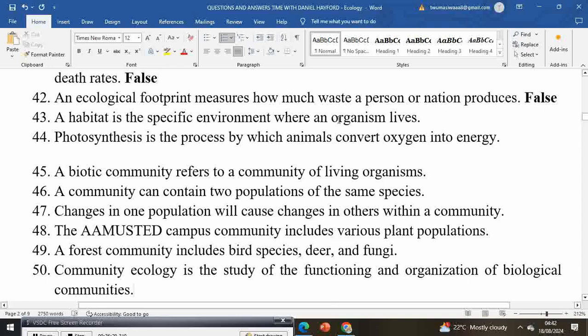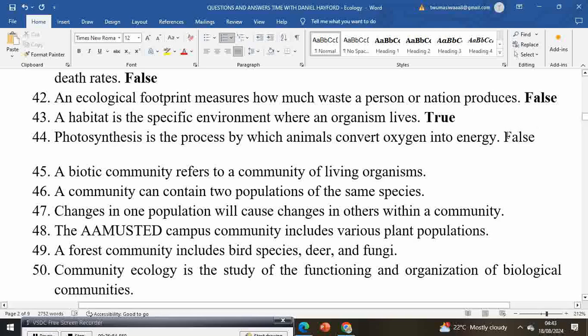Number 43. A habitat is the specific environment where an organism lives. Is it true or false? Question number 43. It is true. Now, question number 44. Photosynthesis is the process by which animals convert oxygen into energy. This is false.